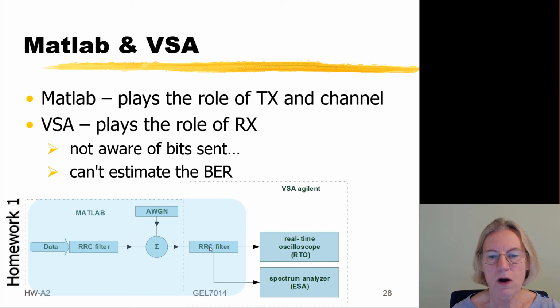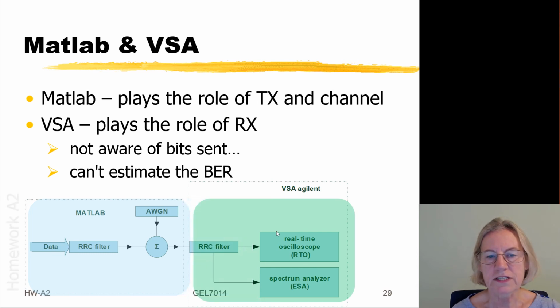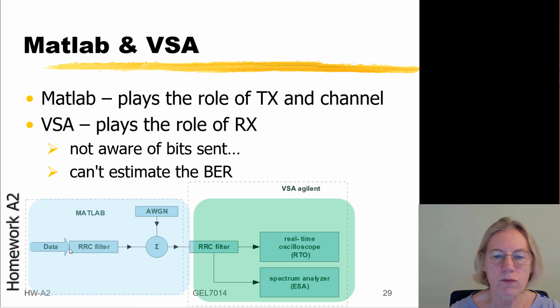Now, as we go to homework assignment 2, the difference between what is done in MATLAB and what is done in the VSA software is different. In homework 1 the VSA software just looked after the matched filter, but it will be a little different in homework 2. So this is for homework 2, and we can see that the root raised cosine filter is now in the VSA.